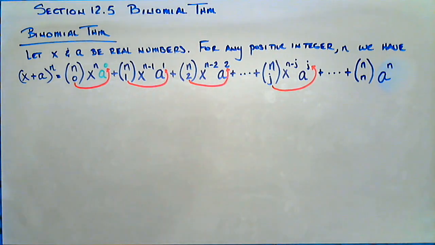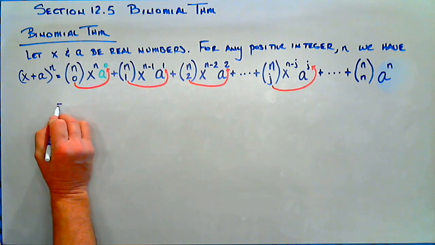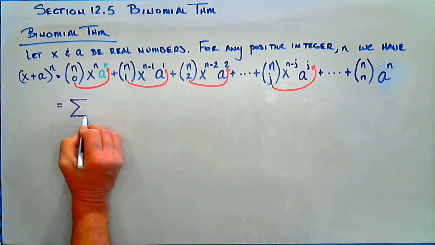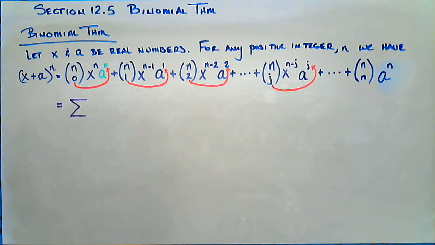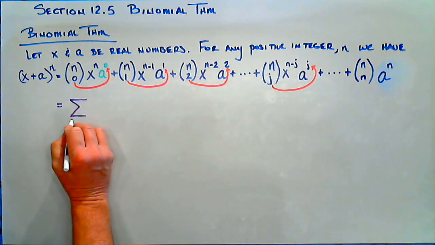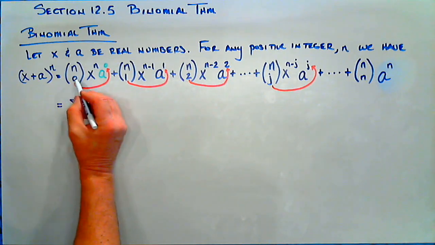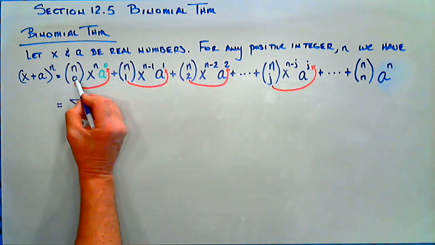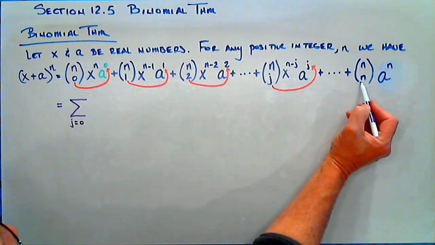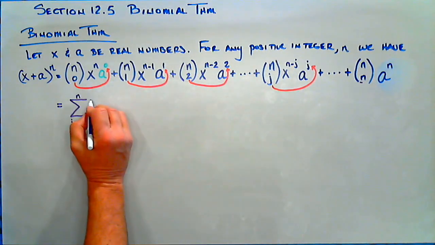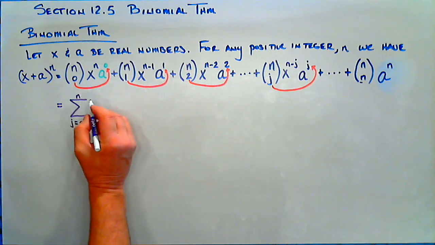And because we're now competent at sigma notation, we can actually write this in sigma notation. We're going to say j starts at 0, right? This is our j down here. j starts at 0. j stops at n, right? Sum means to add.